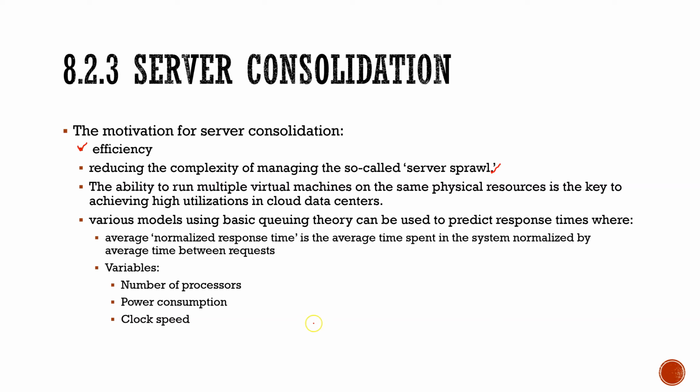You can use some of the queuing theory formulas that we looked at in this module. Fortunately, we have software that calculates using these formulas. You can input a number of variables, the number of processors, the power consumption, the clock speed. You can do some what-if analysis, and you can do that fairly efficiently, and then determine what the optimal configuration is to achieve the maximum response time.